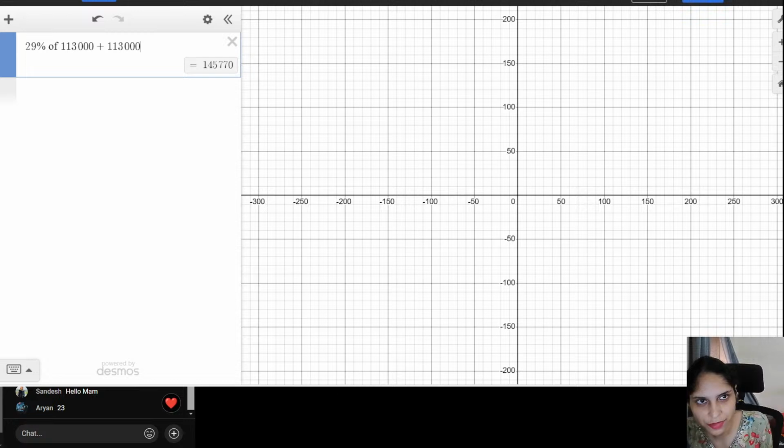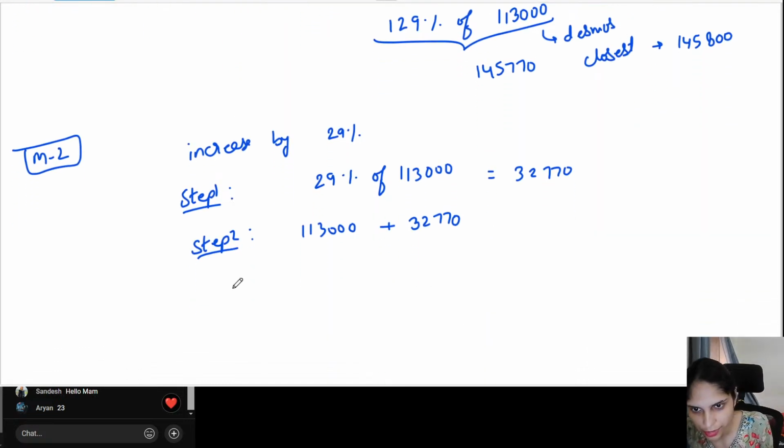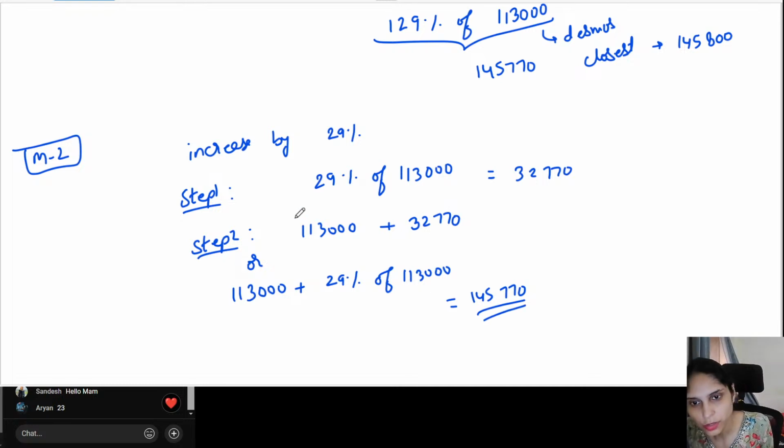So again, you will get 145,770. Or you can write 113,000 plus 29% of 113,000. Many people do this also. I like to know the total percentage and then go forward. So in increase by, we will be adding to 100, and decrease by will be subtracting from 100.